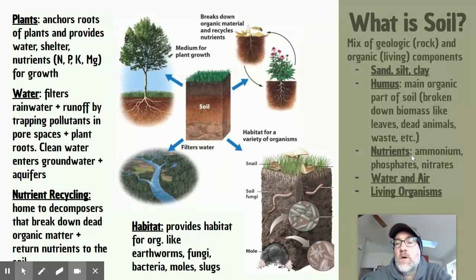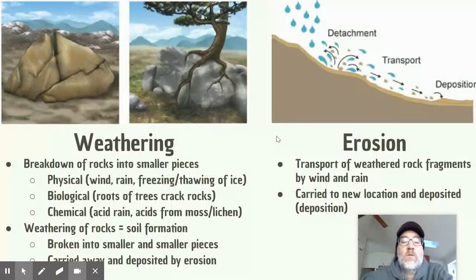Nutrients are important. We're going to be talking about ones related to nitrogen: ammonium, nitrates, phosphates. Of course, other non-living factors would be water and air. So how does soil get formed? First, usually there's a weathering process.